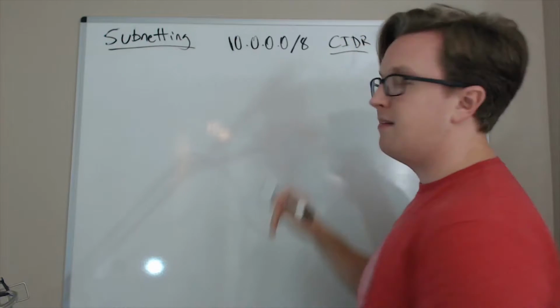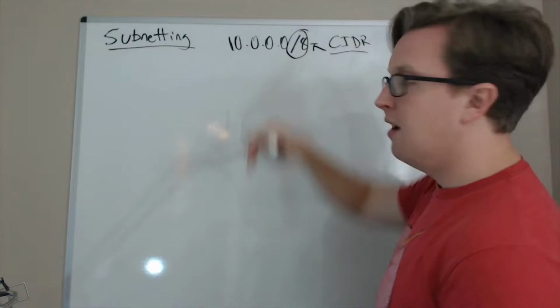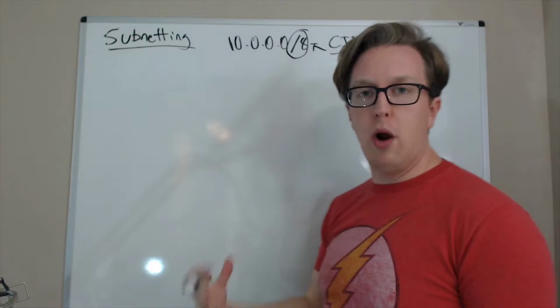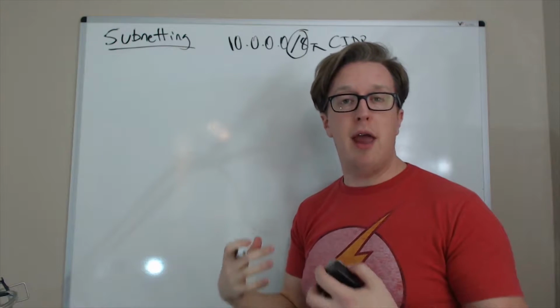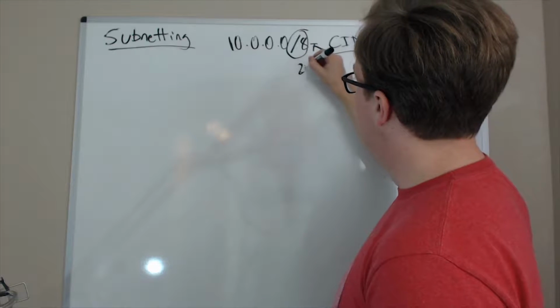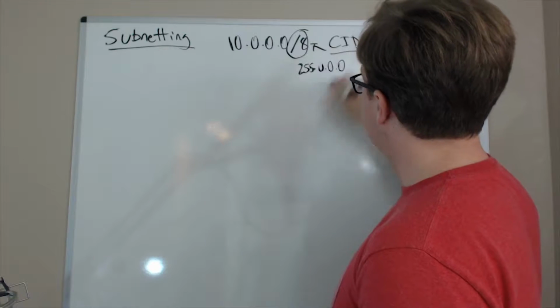CIDR notation. This right here is CIDR notation, just this slash notation. This is just another way of writing the subnet of a network. So this is the same thing as writing 255.0.0.0.